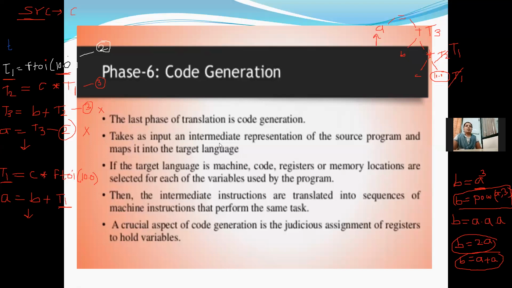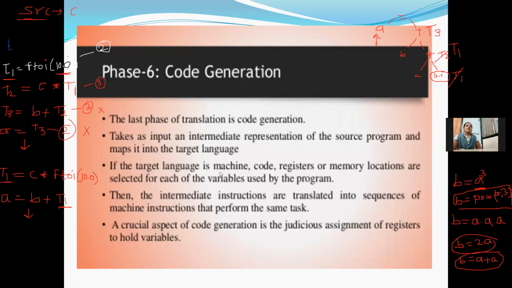It takes the intermediate representation of a source program and maps it into the target language. So this takes the 3 address code or intermediate representation, which is optimized code now. So it takes this as an input and it generates the target language.